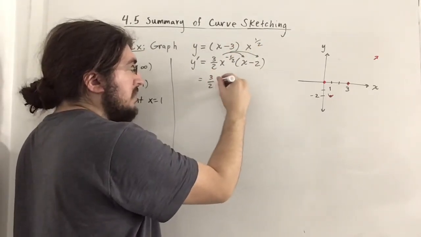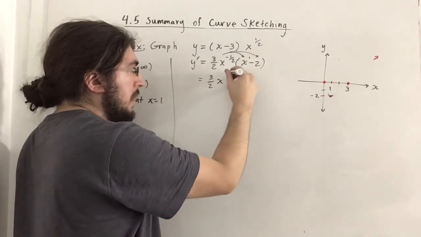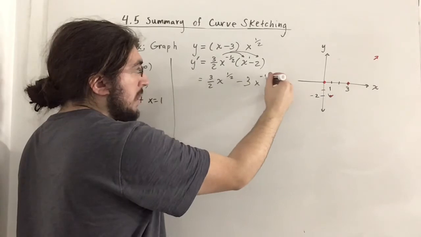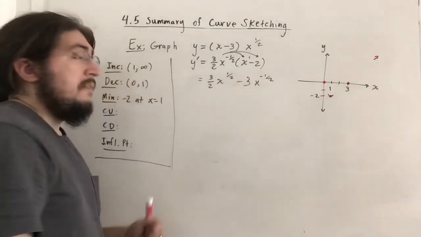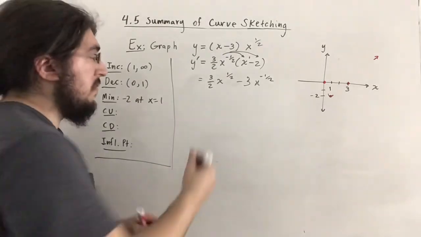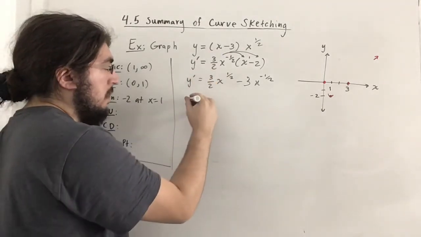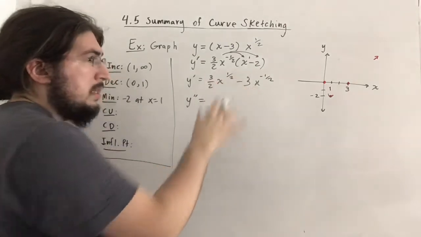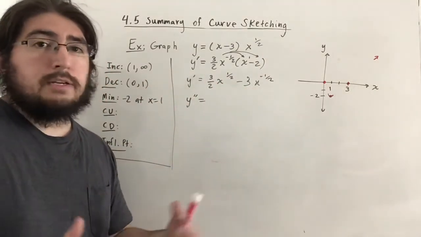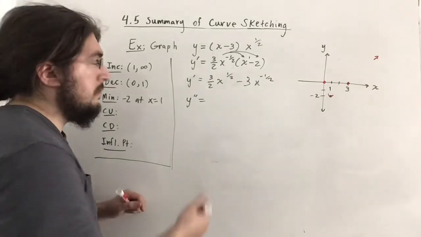So we get 3 halves x to the negative 1 half plus 1 is positive 1 half minus 3x to the negative 1 half. So if you were to use product rule, you'll notice you get the same thing we're going to get here after finding the second derivative now. So doing it this way, combining first, if possible, will take care of any like terms that would have combined after using product rule, which is nice.